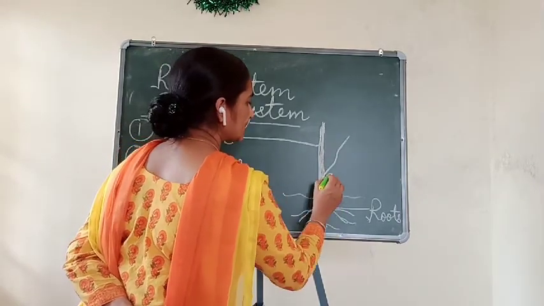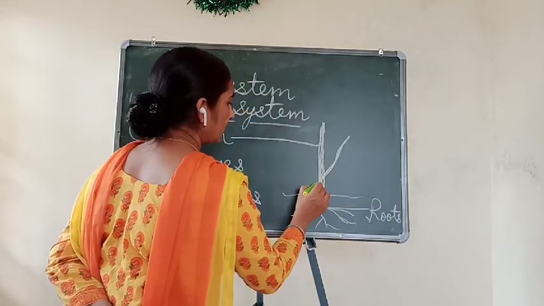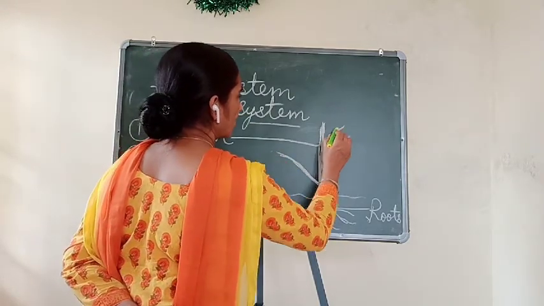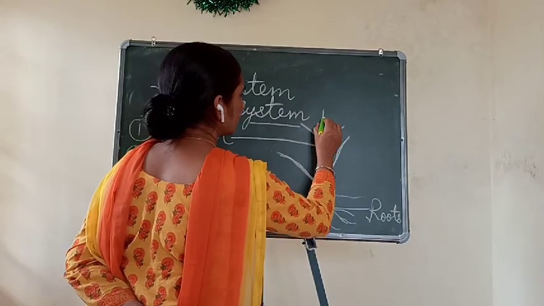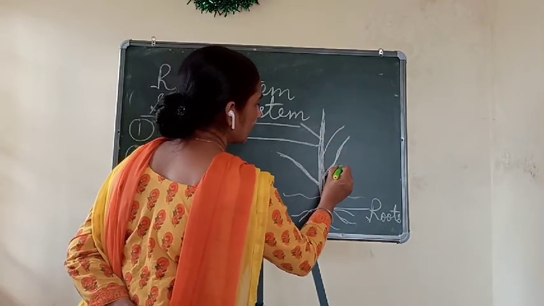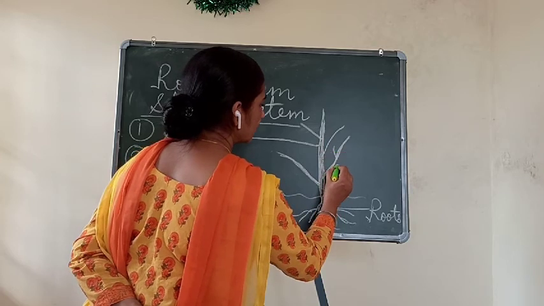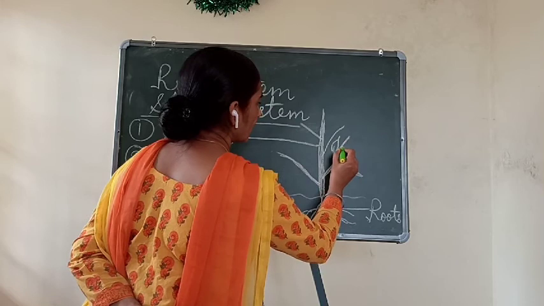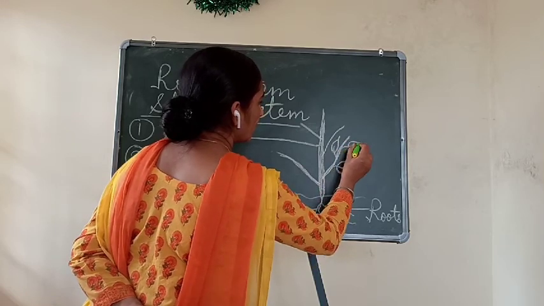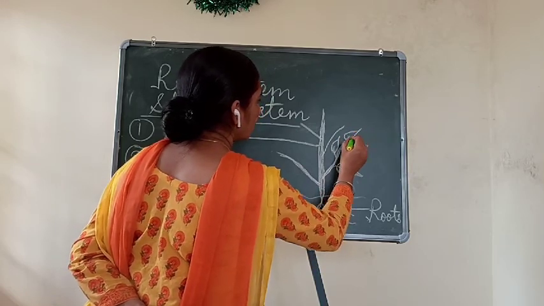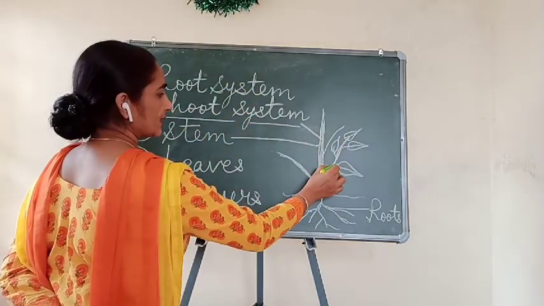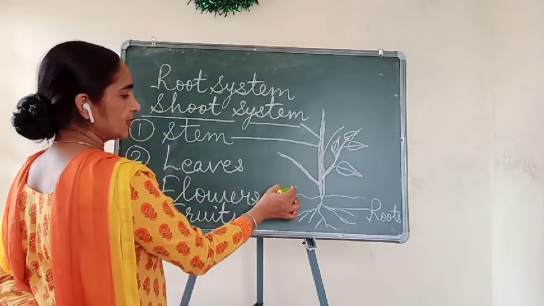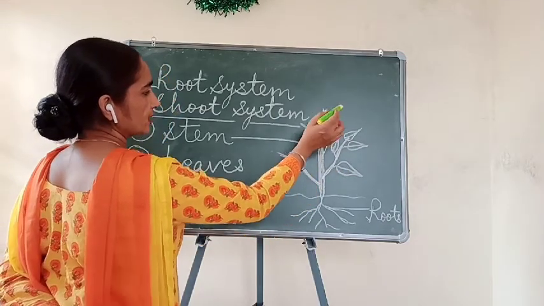Children, from the stem, many branches can come out, and on all these branches, leaves can be present like this. These are the leaves, and in the same way you can make leaves here also on these branches.